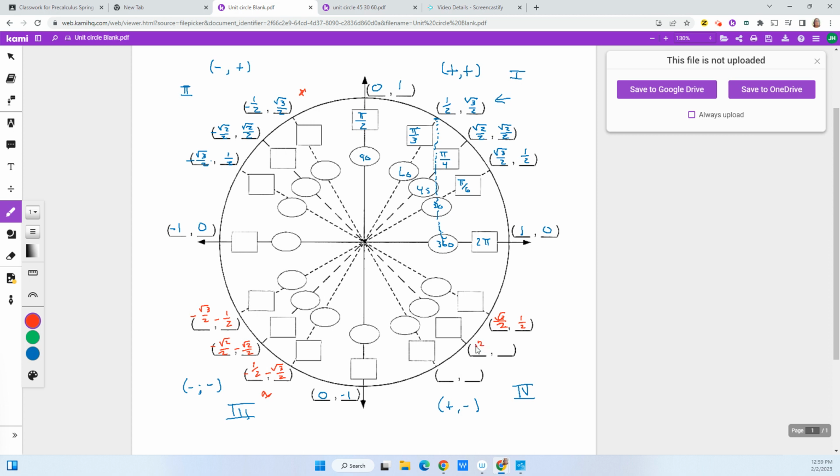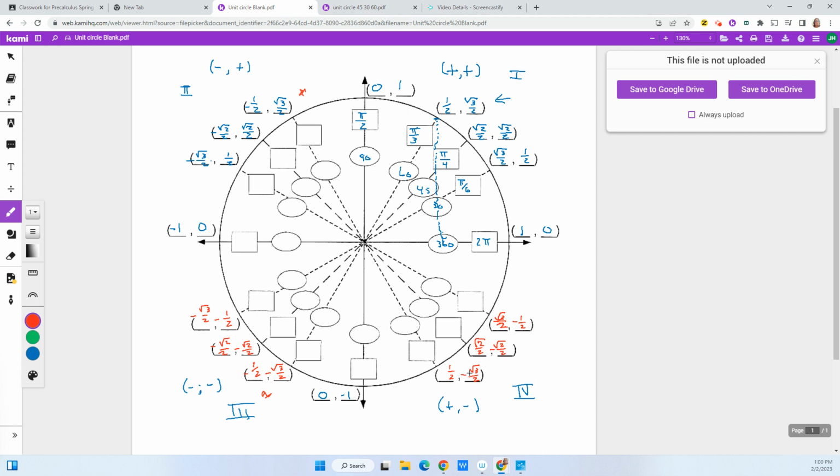Radical 2 over 2, radical 2 over 2, and then 1/2, radical 3 over 2. And the only difference this time is that all our Y's would be negative. So I just kind of wanted you to see how all of these points line up for you.